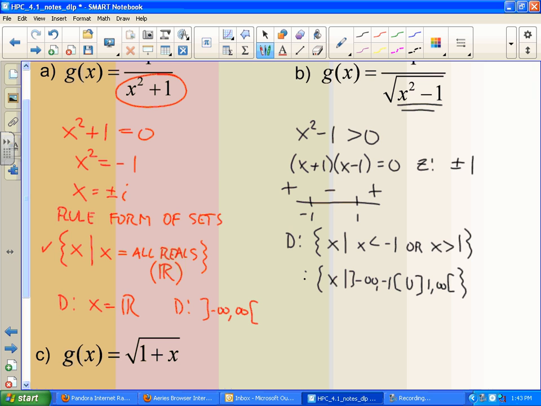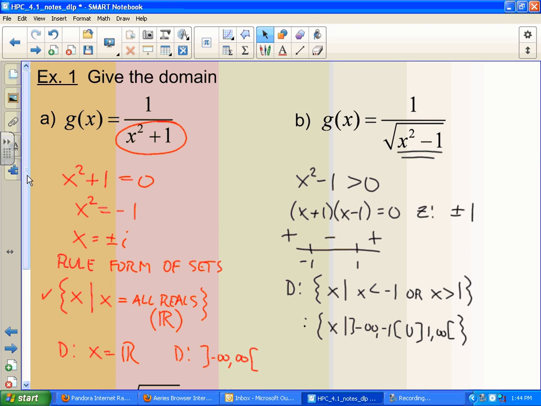Yes? Why did you forget about the square root sign? Great question. Why did I forget about the square root sign? It's not important. No, it's very important. The square root sign determines that. If it was an odd root, cube root, I wouldn't care what's down there, because I can take the cube root of a negative number.